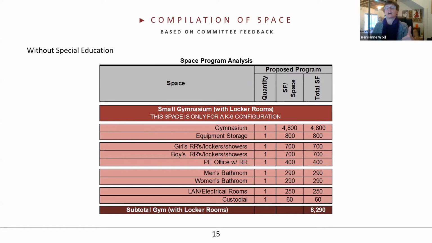So we allowed for that here. Allowed for a gym and storage. We have lockers and showers. Again, that's something that at the middle grades level, where the 6th grade is at this point, they have access to, so we wanted to provide that access here.